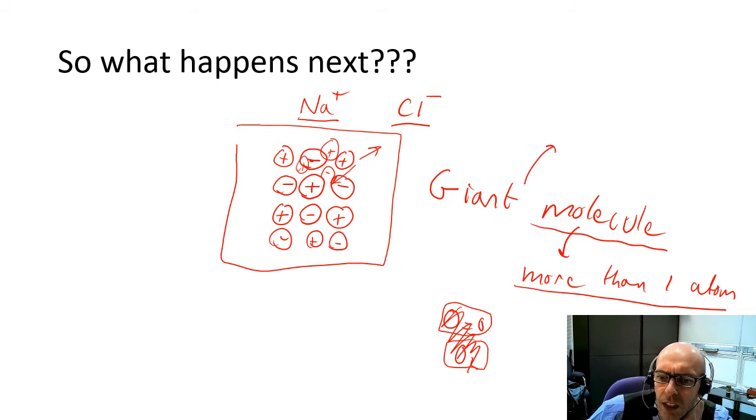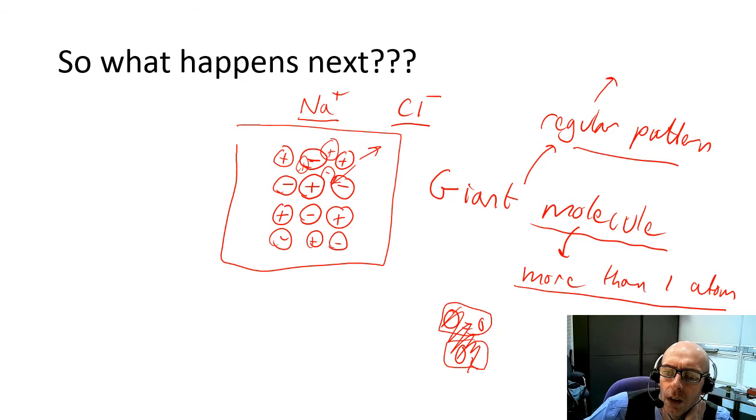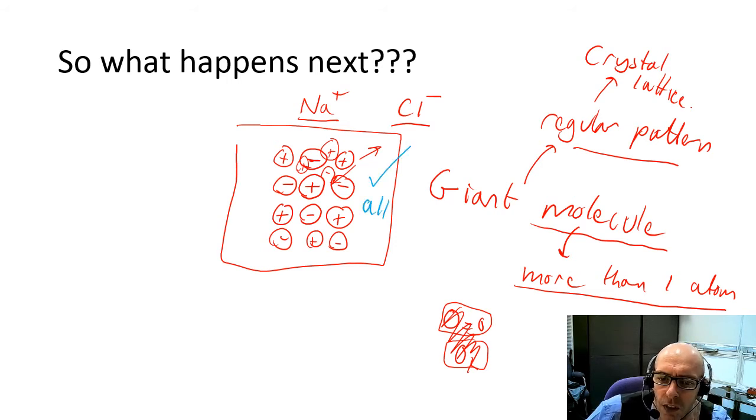It's in a regular pattern. And that pattern of all these rows and grids of positive and negative ions is called a crystal lattice. So, in your notes, just explain that this attraction is in all directions. There's the first thing, number one.